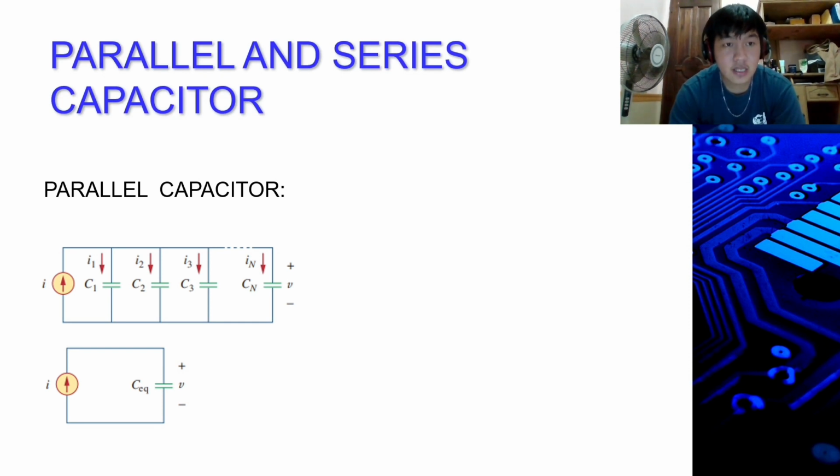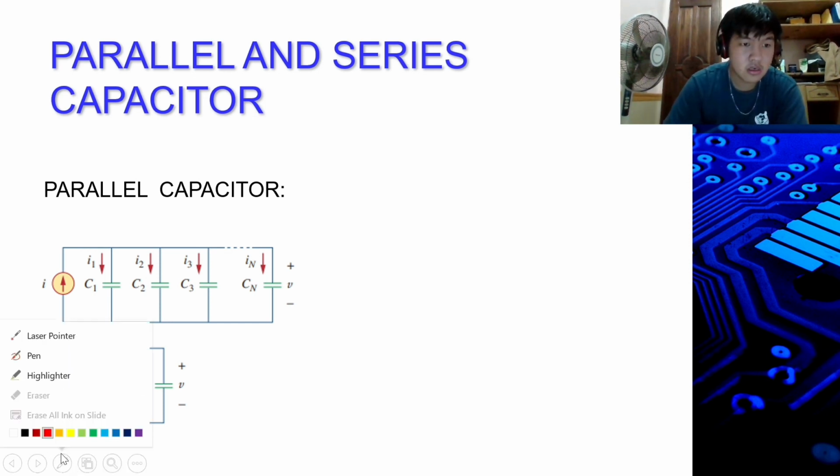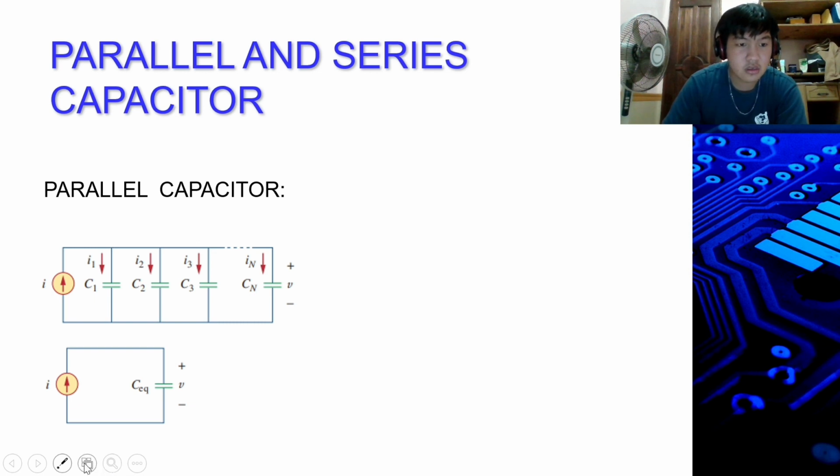So, parallel and series capacitors. Capacitors in parallel. So if we have parallel capacitors, let's say, in a picture, we have a current source. The same formulas apply, as long as we consider a parallel combination like resistors. So, for the current, we just add the individual currents: I1, I2, I3, till IN.